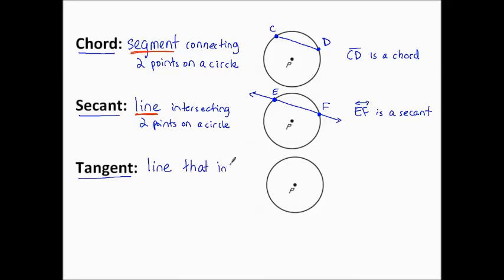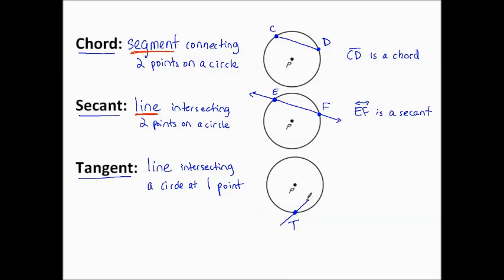A tangent is a line intersecting a circle at 1 point. So how can you just intersect a circle at 1 point? Well, if I put this point here, I'm going to call it T. If I draw the line going into the circle, and don't draw what I'm drawing because this is not it.